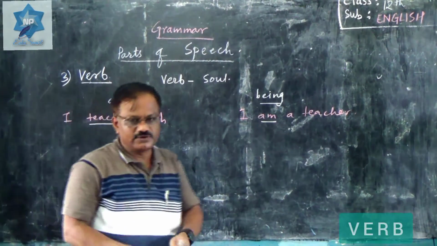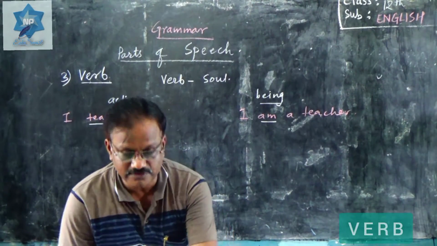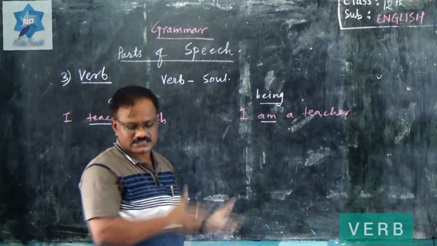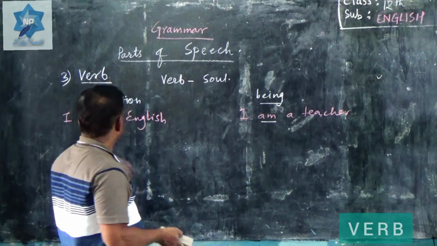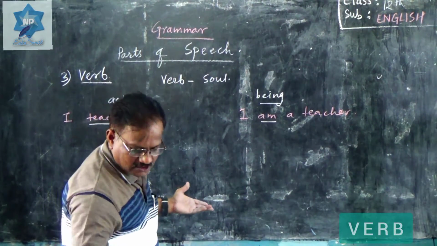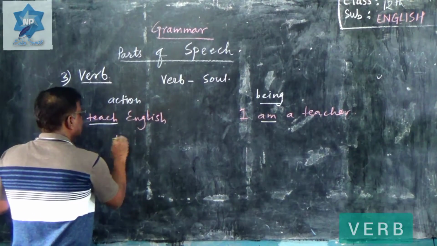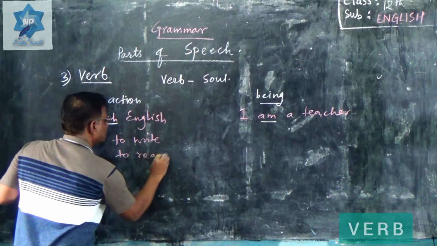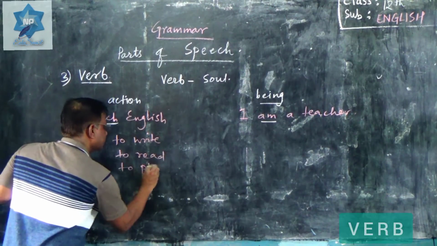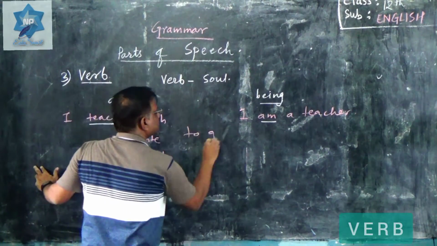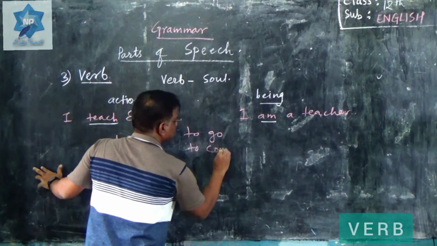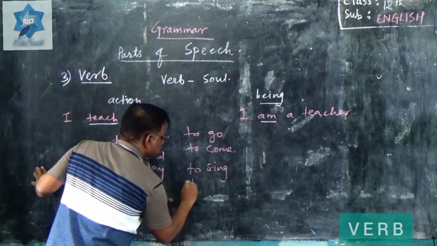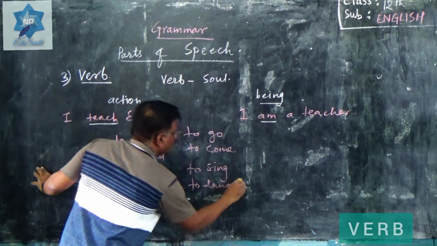And when we will learn about the tense, at that time we will learn deeply about the verb and their usages in the sentence. Now let us see, there are so many verbs you might have come across. For example, to write, to read, to play, to go, to come, to sing, to dance, and so on.